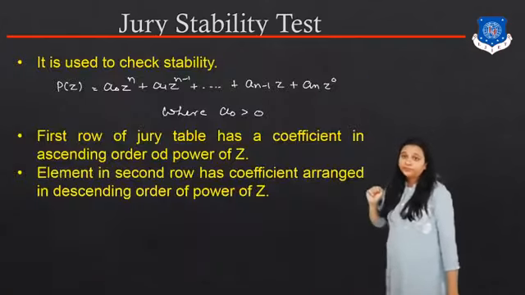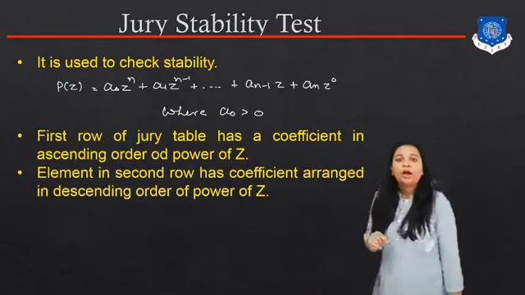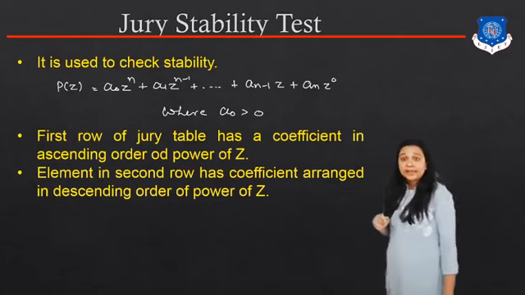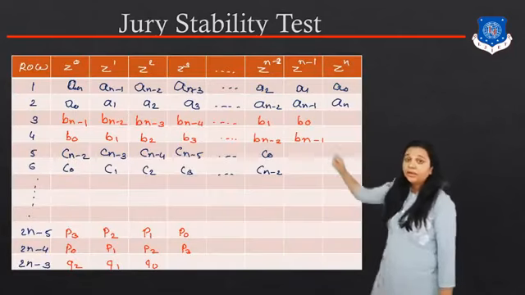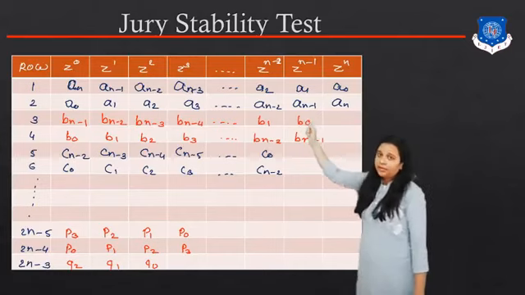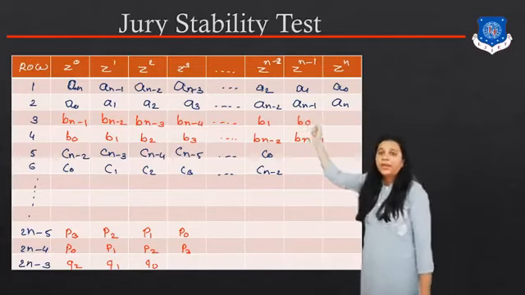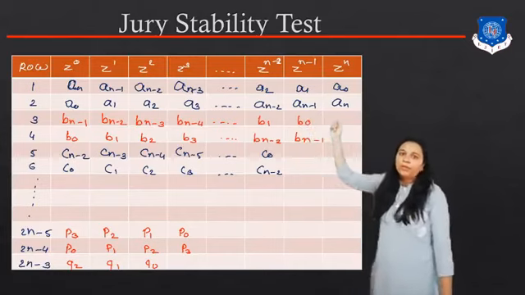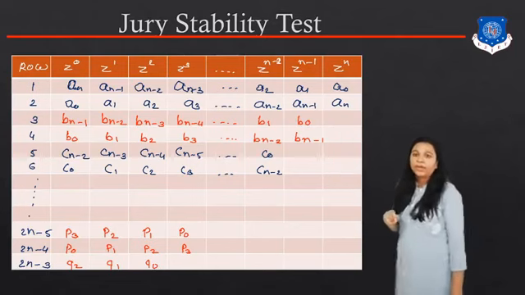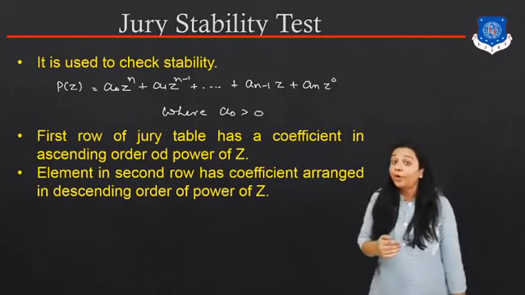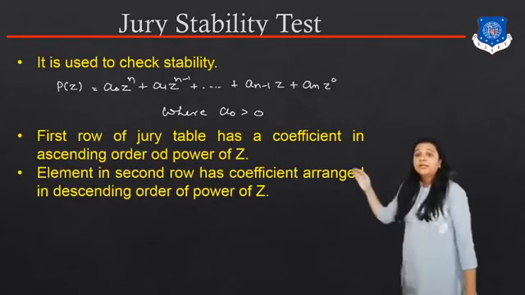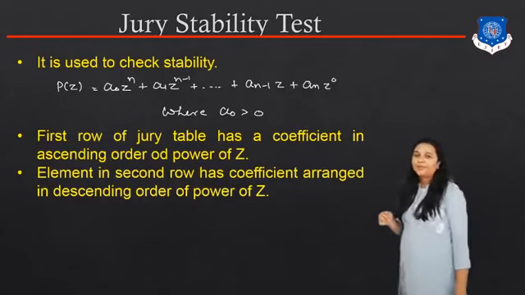Here you can see that the first row of the Jury table has coefficients in ascending order of the power of z. So here you can see a0, an minus 1, an minus 2, an minus 3, up to a2, a1 and a0. Okay. Now what is the second row? The elements in the second row have the coefficients arranged in descending order of the power of z.